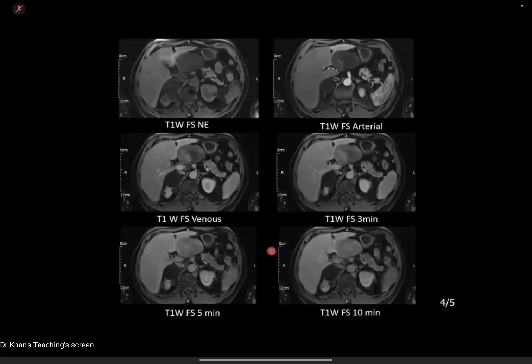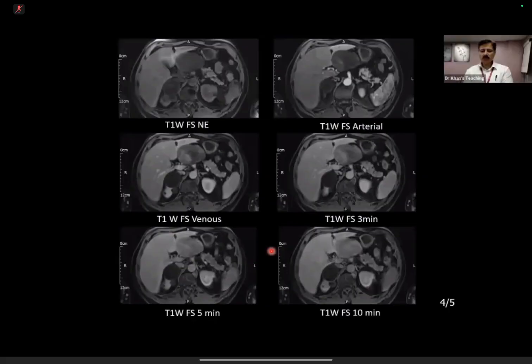There is some. I can't see any washout, which is the first thing I noticed. So there is a gradual contrast enhancement rather than washout. Please remember that washout means there are 2 different things which you have to look into in this case.